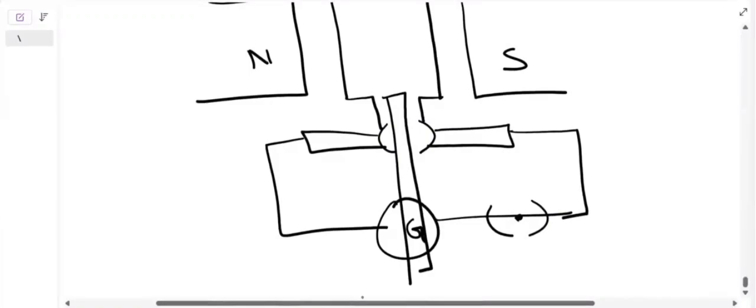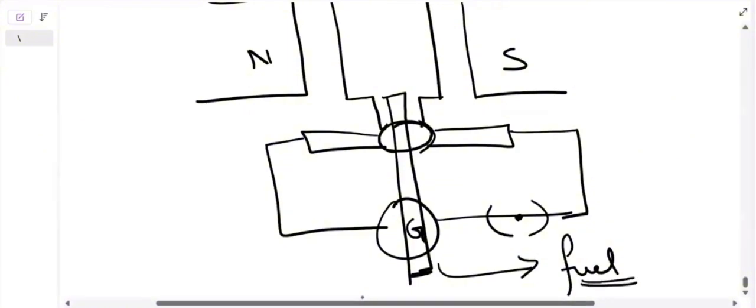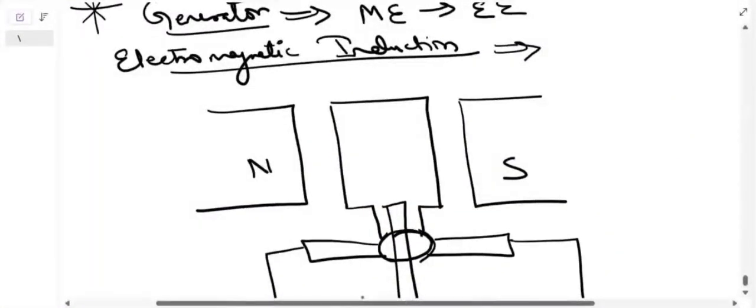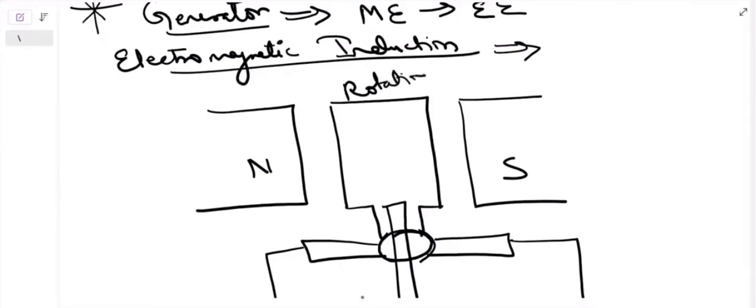In this circular region, there is the spindle, and as soon as it rotates with the help of any fuel, this mechanical energy creates a rotational motion of the coil inside the north and south pole.